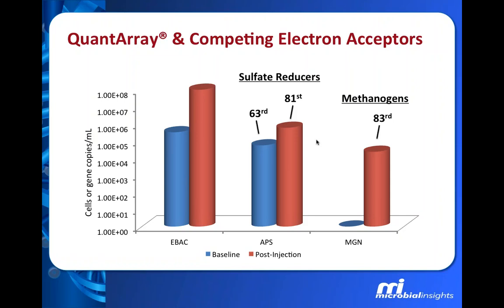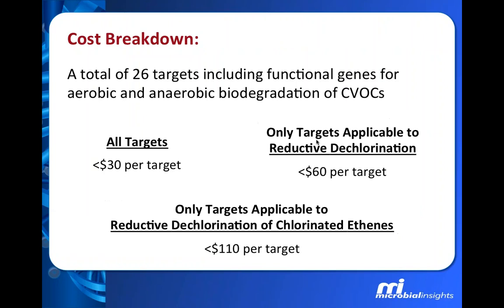Because even with high concentrations of competing organisms, Dehalococcoides still increased to greater than average concentrations in just our first event. So as sulfate becomes more depleted, and with the initial bloom in methanogens, I wouldn't be surprised at all to see Dehalococcoides concentrations start to increase in those subsequent events.